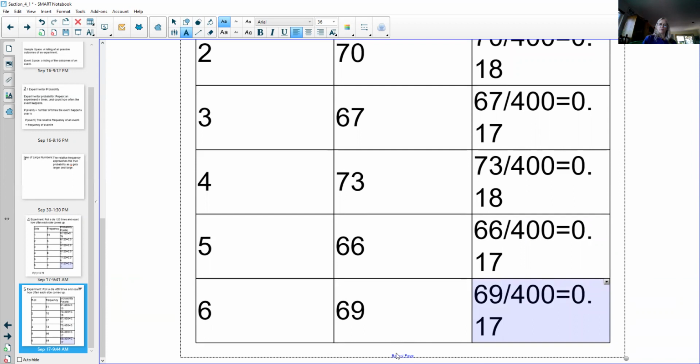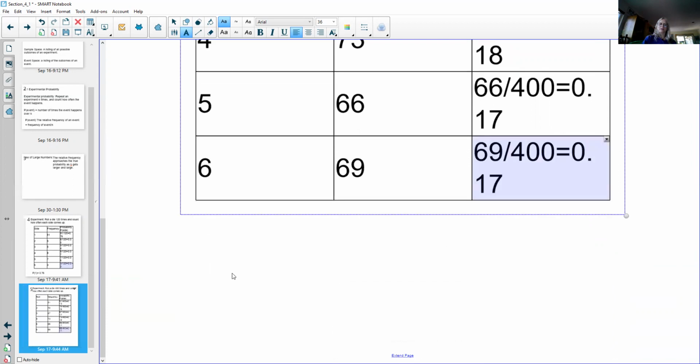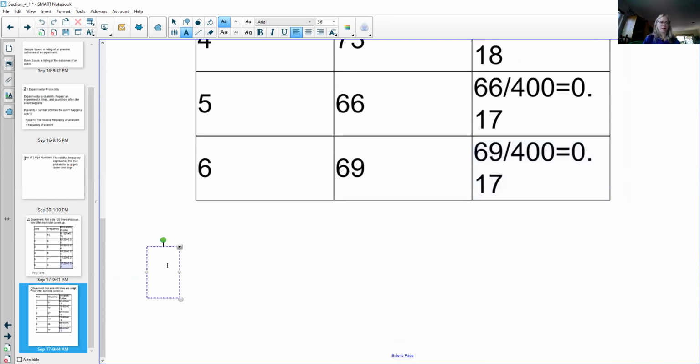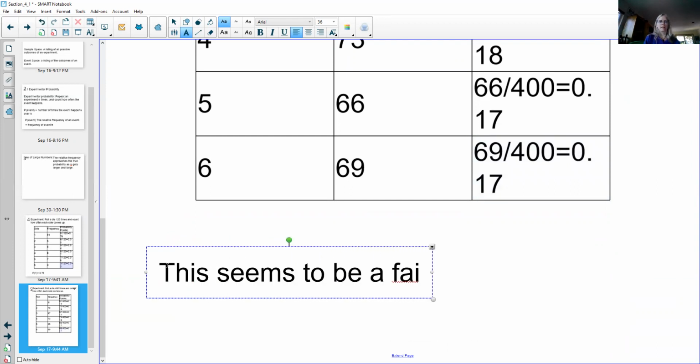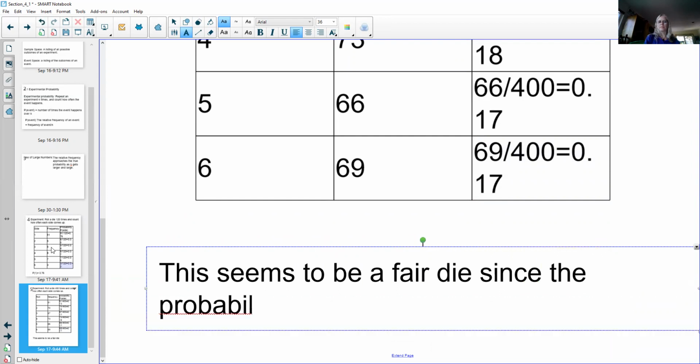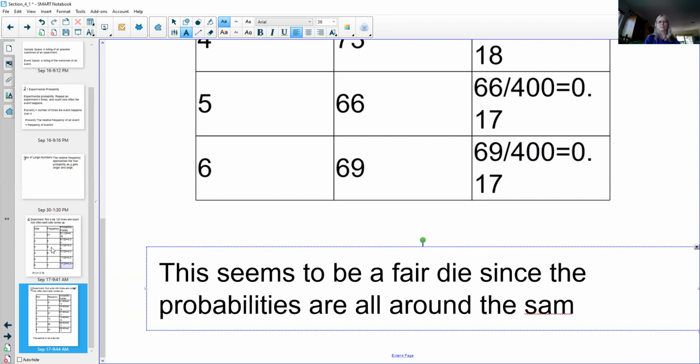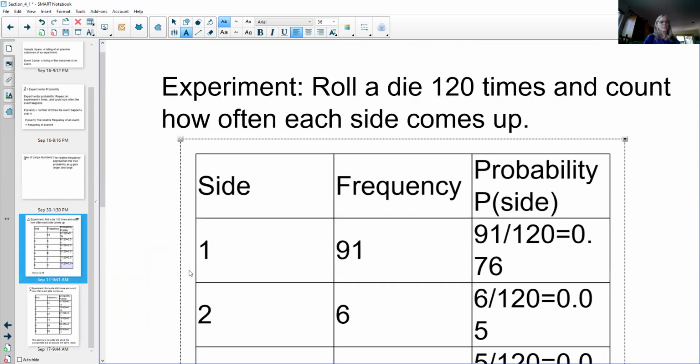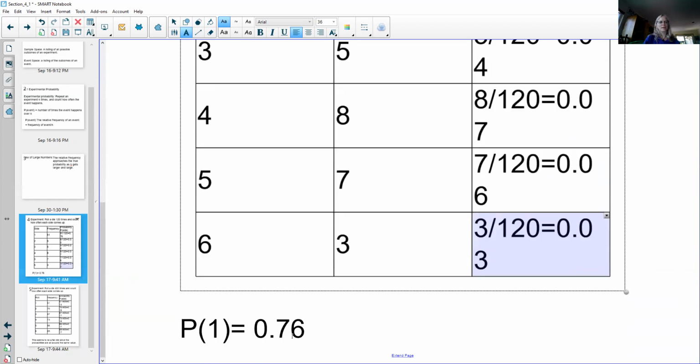So since this die got me what I expect to happen, I would say that this die seems to be fair, since the probabilities are all around the same value. However, this first die I was looking at does not seem to be a fair die.